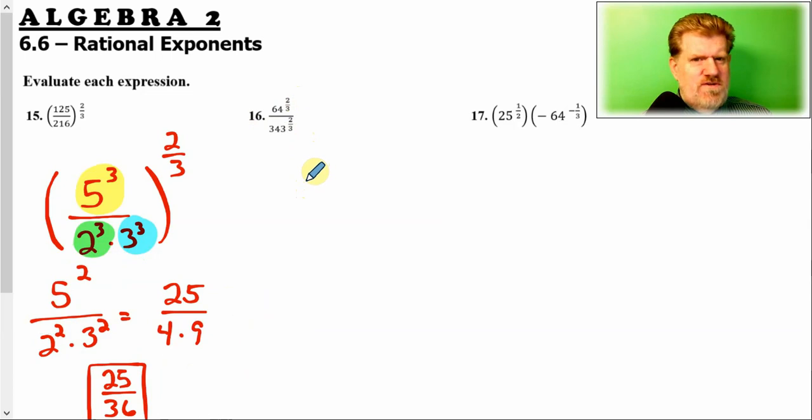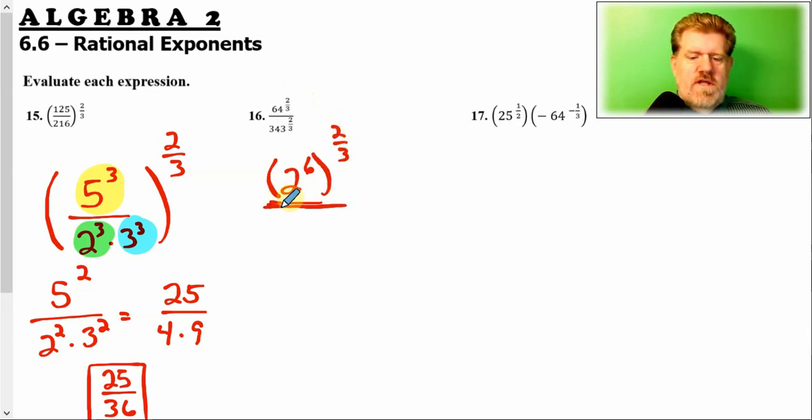And we did 64 before, didn't we? Let's see. 2, 4, 8, 16, 32, 64. 2 to the 6th. Kind of thought that would have to be divisible by 3. All right. So that's going to be to the 2/3 power.